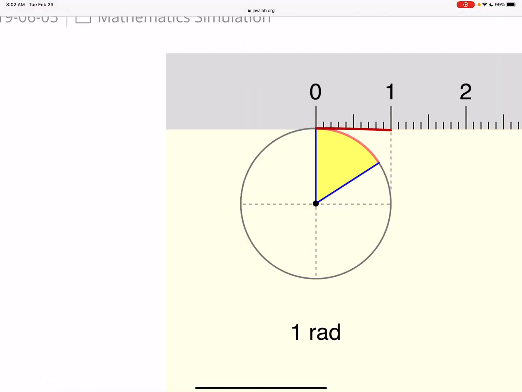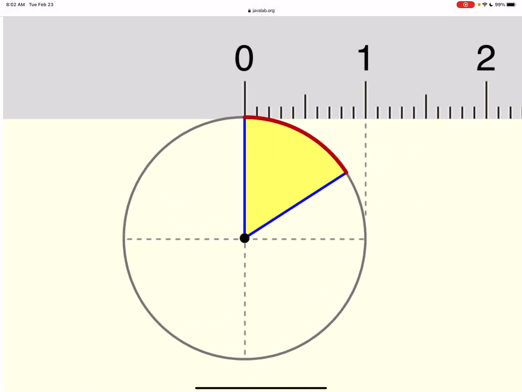So notice how that blue radius is the same length as the red line. That red line kind of curves and hugs the circle here. When the length of the curve is exactly the same measure as your radius, we call that a radian. That's 1 radian there, okay?